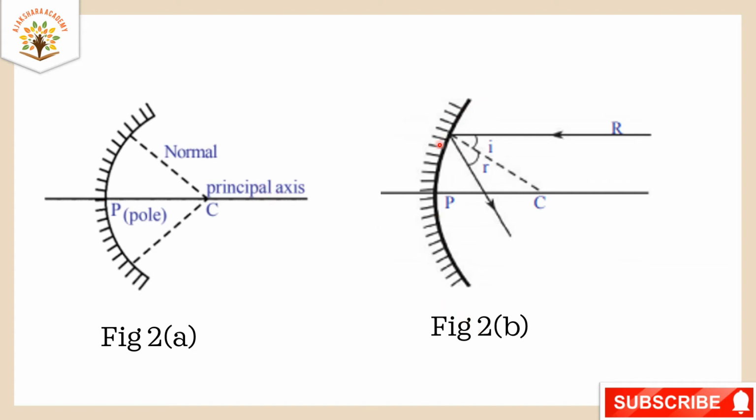Next, this is a concave mirror, this is the pole, this is the center of curvature, and this is the principal axis. Now this is the normal and this is the incident ray. When the incident ray strikes the reflecting surface, it reflects; this is the reflected ray.